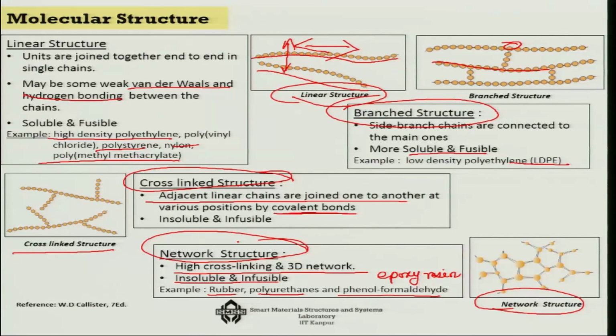This is also important in the sense that cross-linked and network structures are mechanically more rigid than the linear and branched structures. There is a correlation between the molecular structure point of view and the thermo-physical point of view, how we categorize polymers.